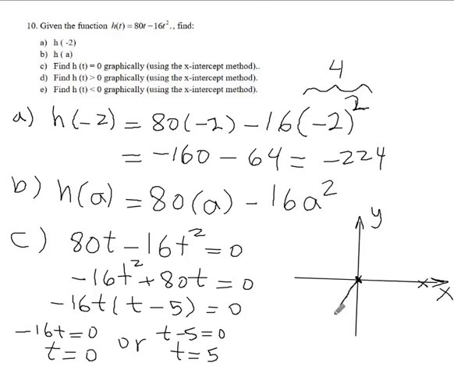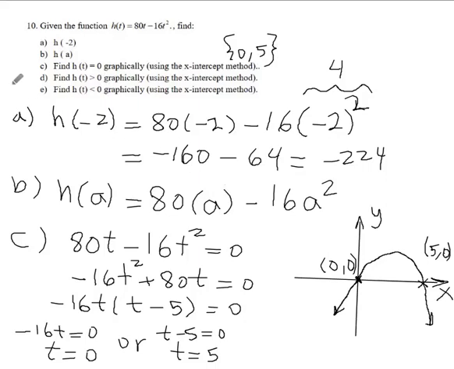So roughly your parabola looks like this, going down. We don't really have to find a vertex here. For part C, the solutions would be 0, 0, and the other solution would be 5, 0. So the two solutions would be 0 and 5. These are the solutions when h is equal to 0.